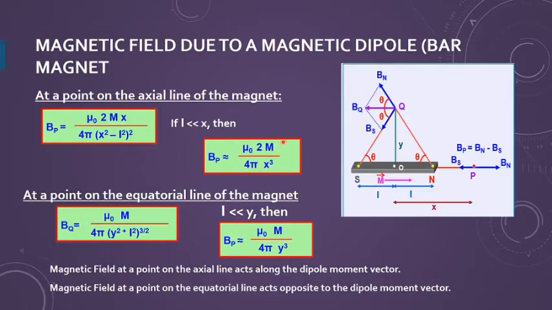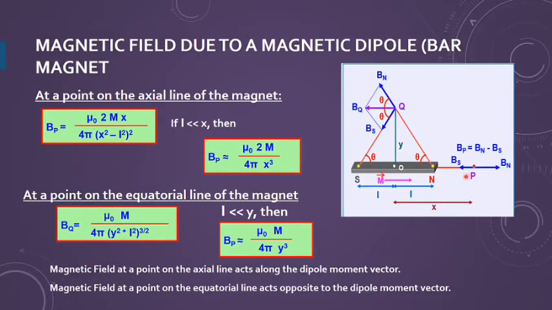If we take the bar magnet as a short magnet, it means L is smaller than x, then in this derivation we can ignore the value of L in comparison to x, and we get this formula, which equals mu naught upon 4 pi into 2m upon x cube, where x is the distance from the center of the bar magnet to this point P.